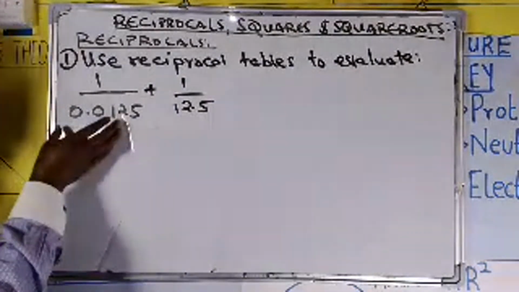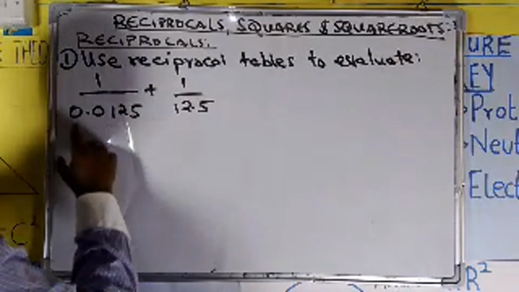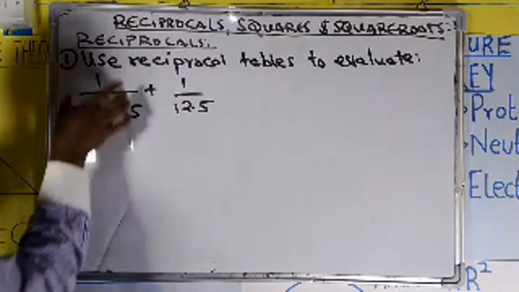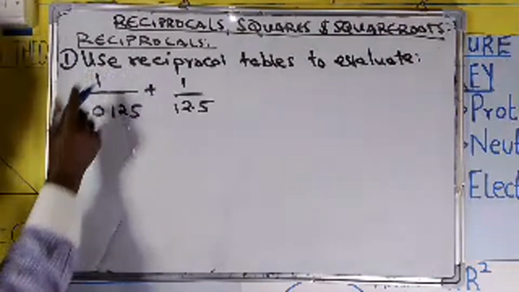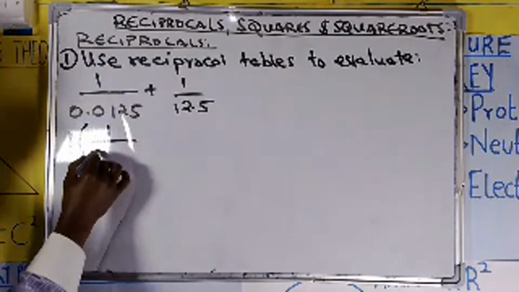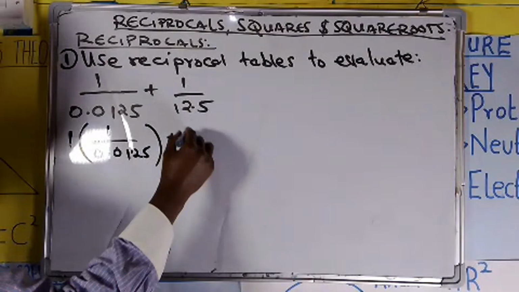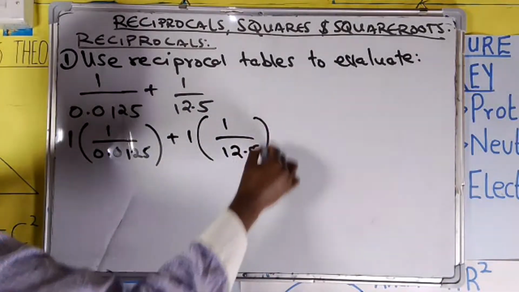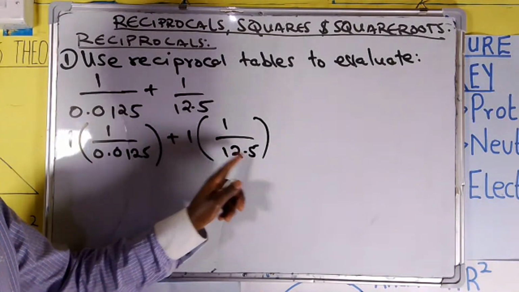For us to find the reciprocal of a number, we find the reciprocal of the denominator so that we can multiply it with the numerator. So this is the same as saying it will be 1 multiplied by the reciprocal of 0.0125, then plus 1 multiplied by the reciprocal of 12.5.